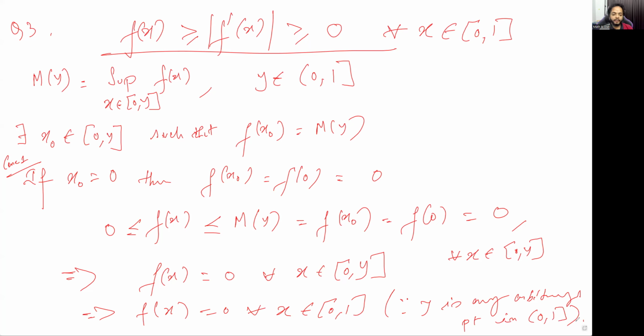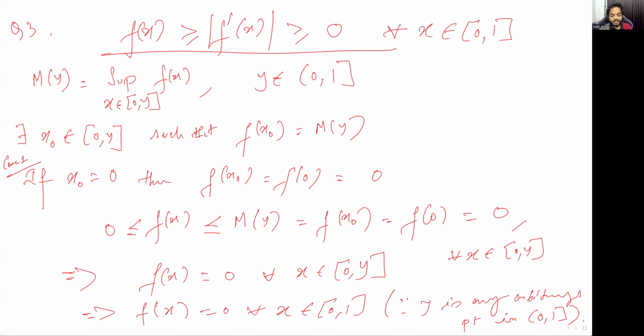Now what about case 2? We took x naught as 0 in the first case. So what if x naught is strictly greater than 0, and less than or equal to y?